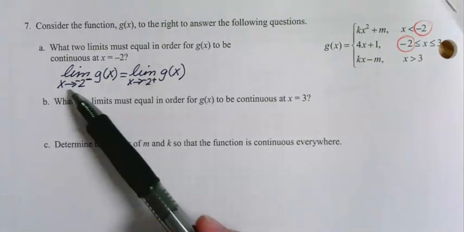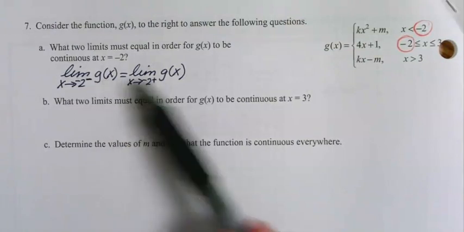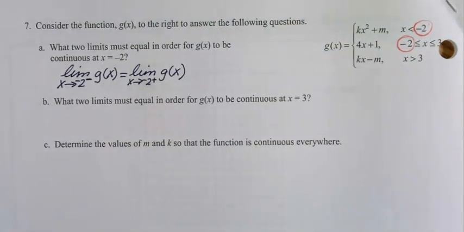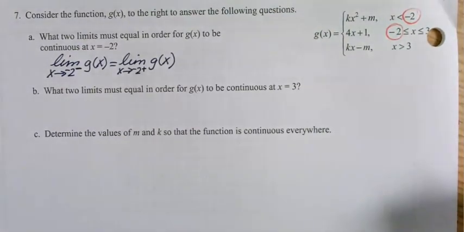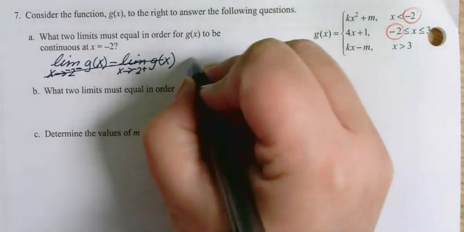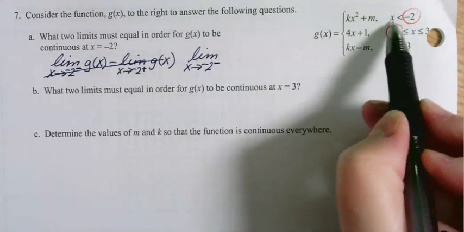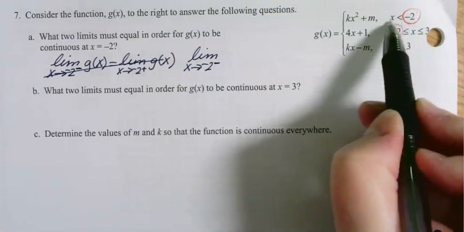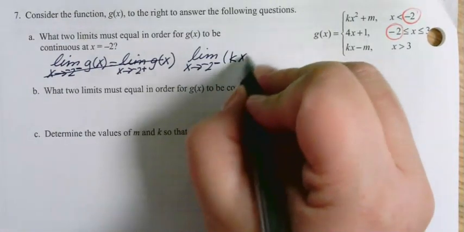What I'm looking at as x approaches negative 2 from the left, I'm looking at what expression here, because these mean different things. It's like somebody wearing a costume in different locations. He's Superman when he's saving the world, and he's Clark Kent when he's at work. So really what I want to see here is the limit as x approaches negative 2 from the left of, this is x is less than negative 2, so that's when x is to the left of negative 2, of that expression.